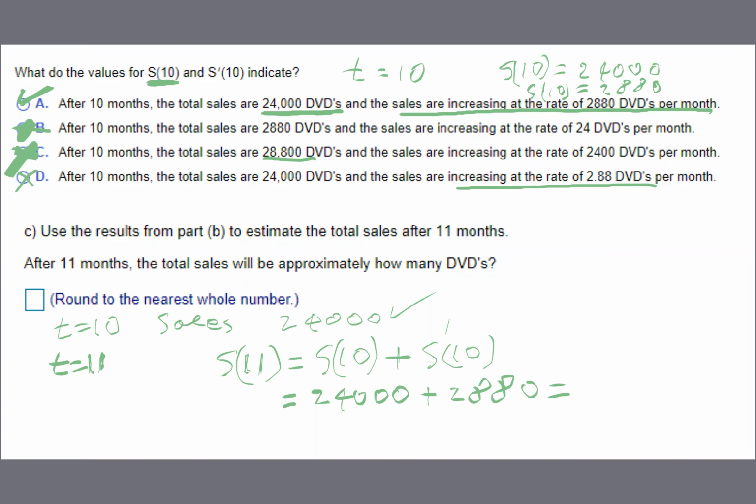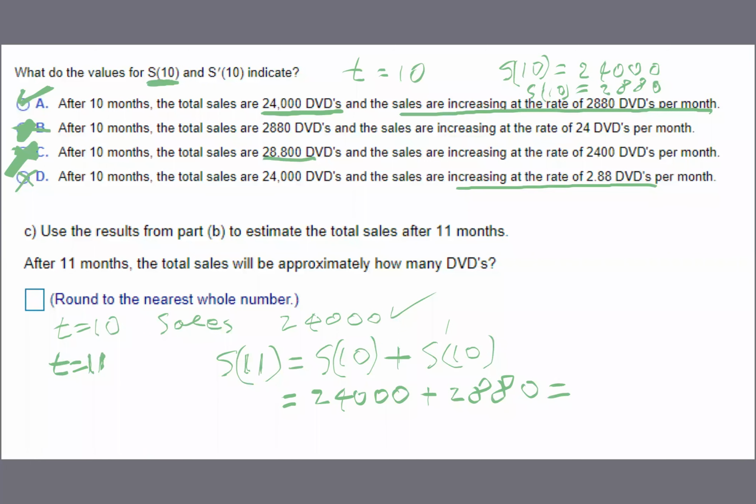Let's find that out. All right, so I applied the decimal calculator and I found 26,880 DVDs. So S of 11 equals 26,880.